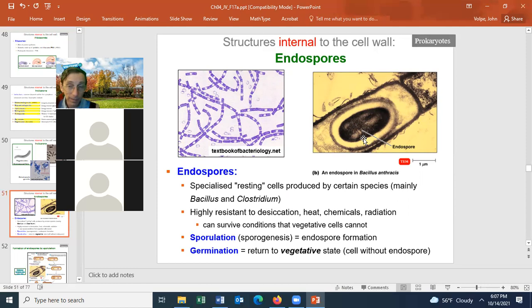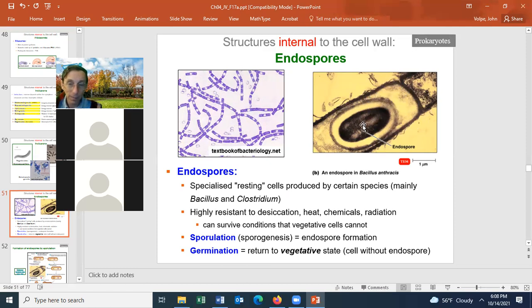But once the environment starts becoming unfavorable, these cells will start to make an endospore. And then when the environment becomes harsh, the parent cell will die because the environment is no longer suitable for it to live in, but the endospore can survive in a resting state. It's just waiting until the environment changes.